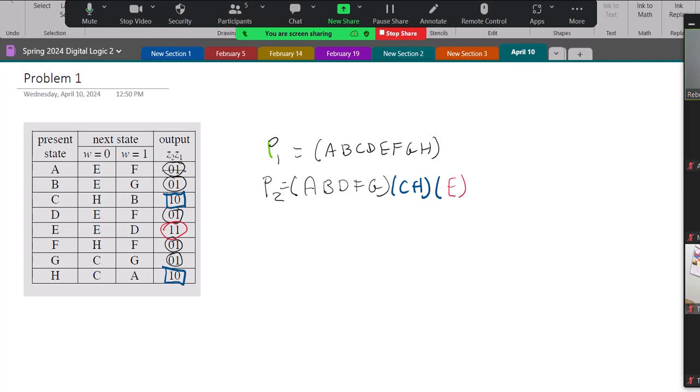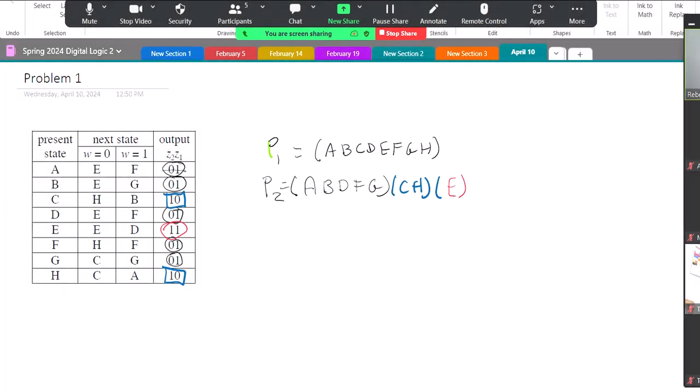Now we look at what are called the successors. We want to see what is the next state. You can start with either 0 successors or 1 successors. We'll start with 0 successors, so we want to see what is the next state when W equals 0. I'll start with this first group, A, B, D, F, and G, and see if I need to split it up.